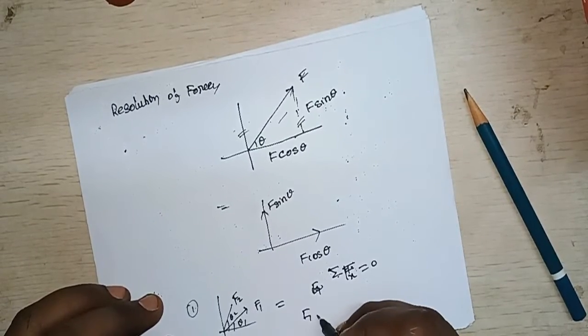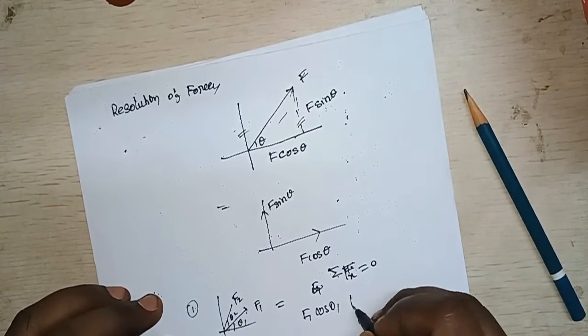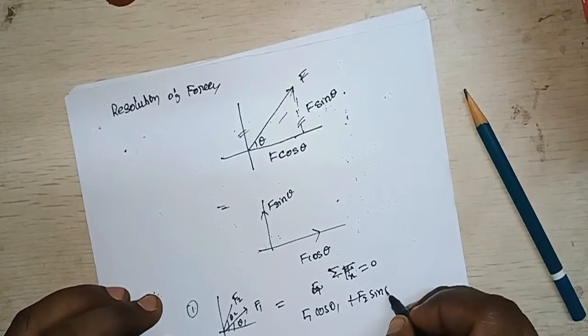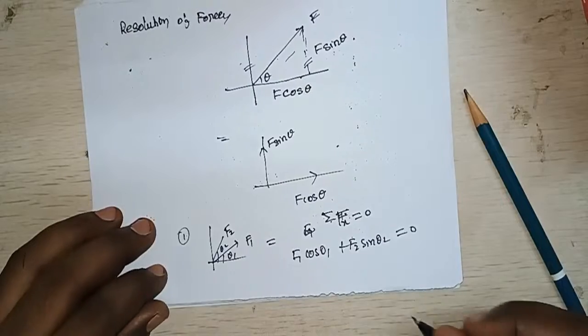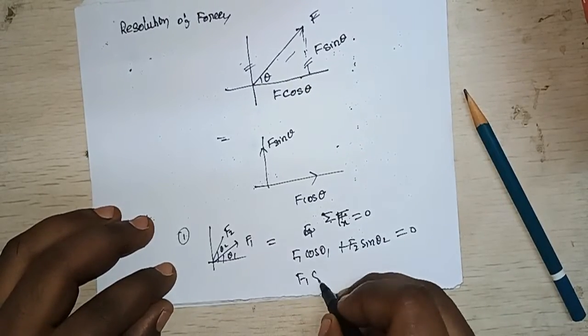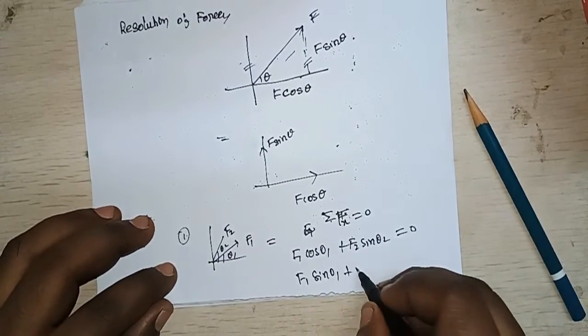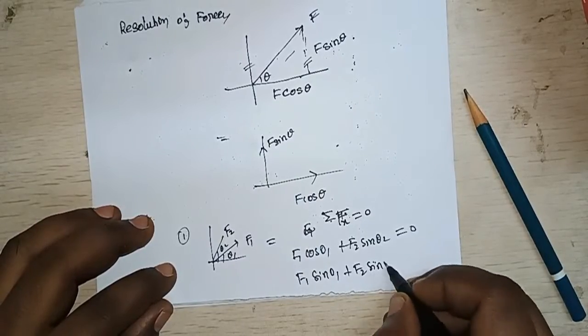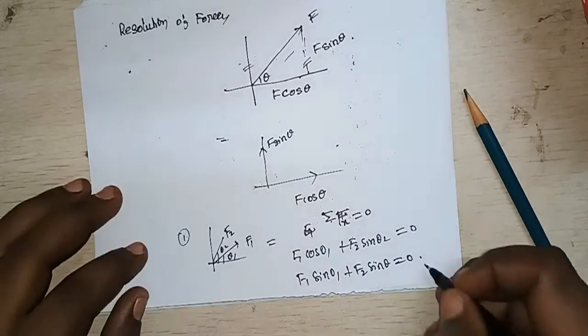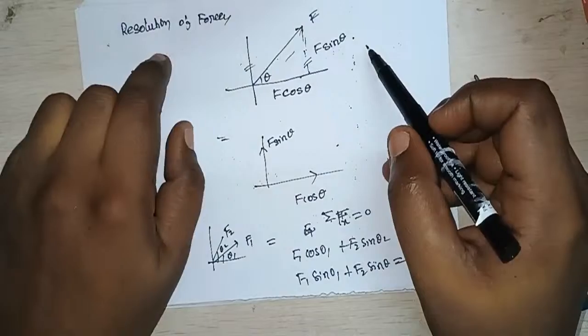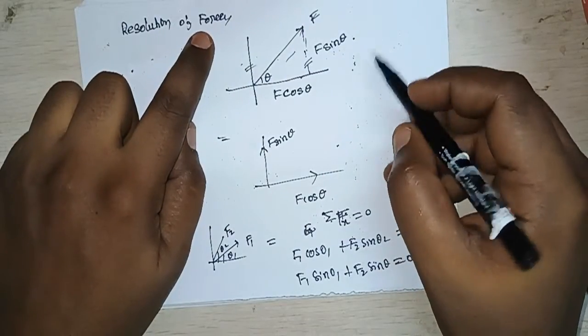You will get F1 cos theta 1 plus F2 cos theta 2 is equal to 0. And similarly, the vertical forces will be F1 sin theta 1 plus F2 sin theta 2 is equal to 0. These are the vertical forces. So this is called the resolution of forces in a plane.